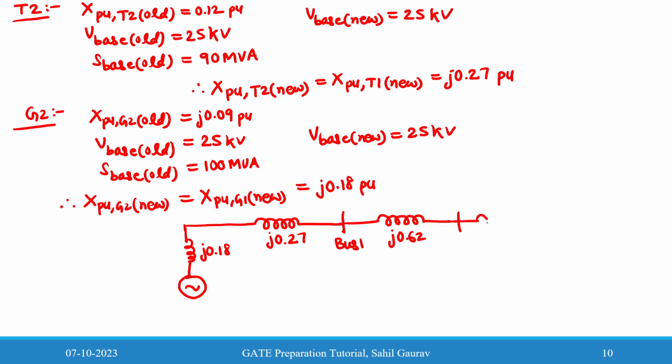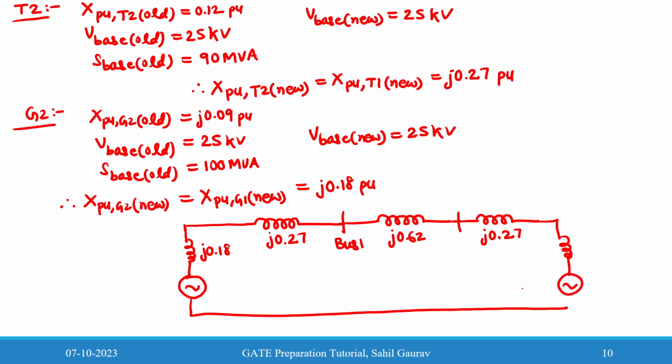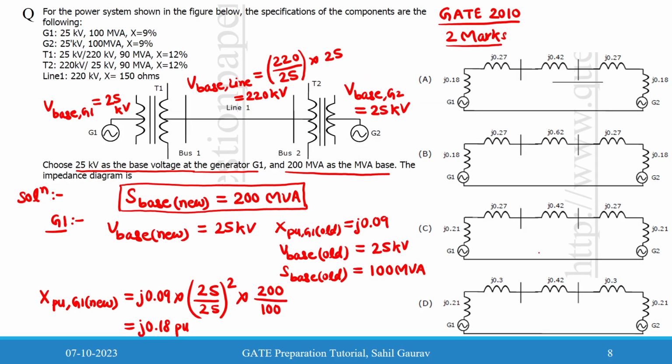Then we have transformer 1 reactance j0.27, and for generator G2 it will be j0.18. So all are in per unit quantities. Based on the options you can see that B is the correct option.